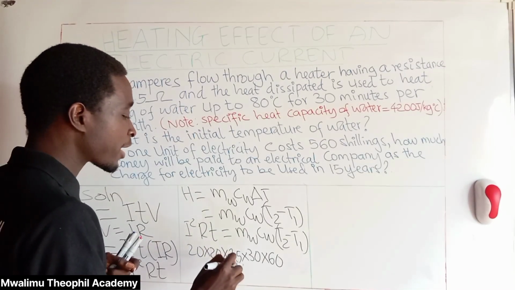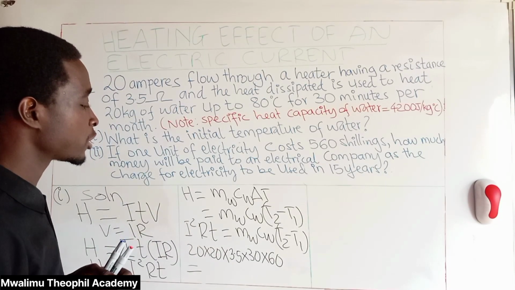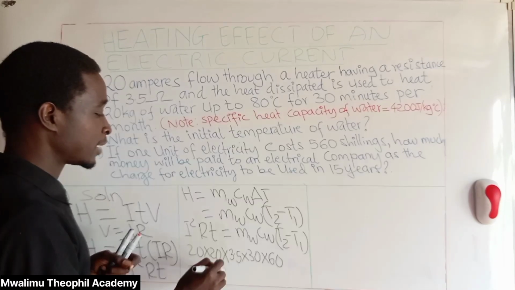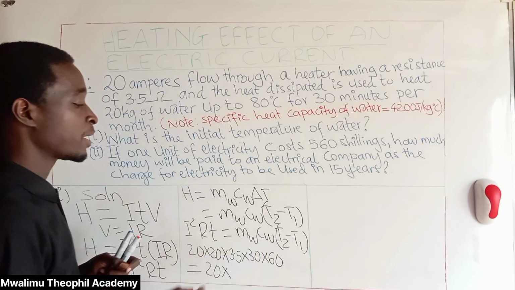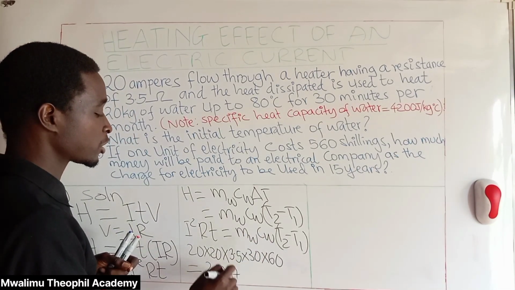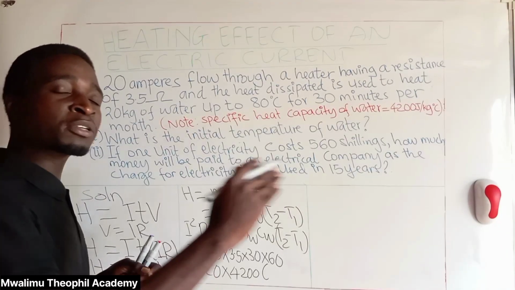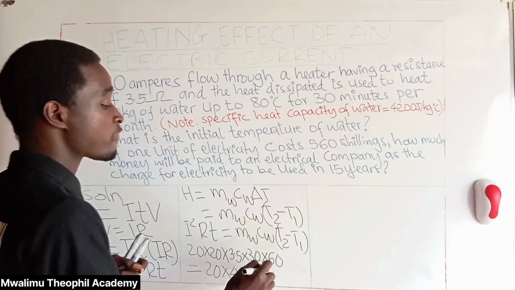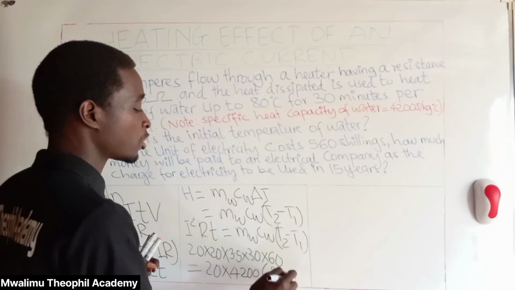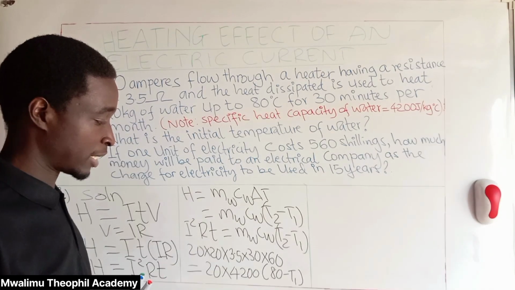Now this value is equal to the mass of water, which is 20 kilogram, times the specific heat capacity of water, which is 4,200, times the change in temperature, which is final temperature minus initial temperature. Final temperature we are given, 80, minus T1, which is not known. So we are looking for T1 as the initial temperature.